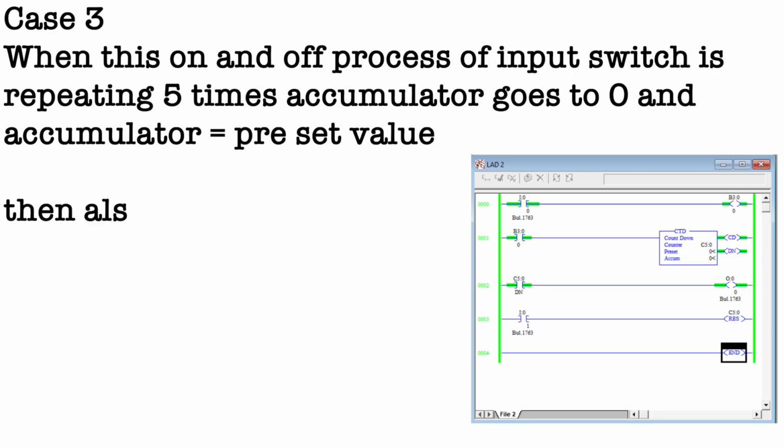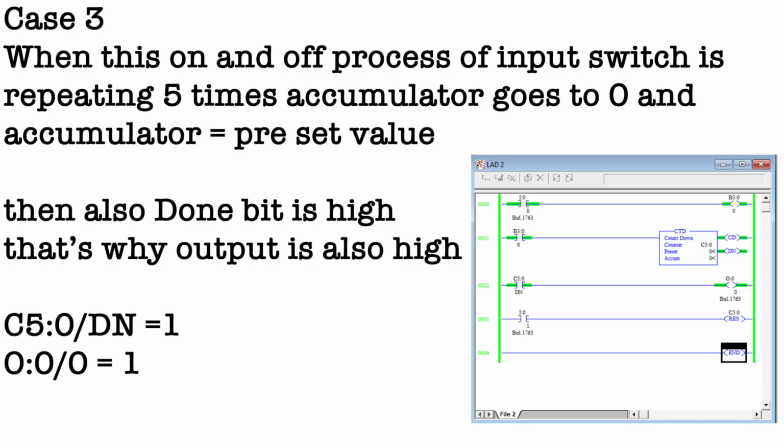Let's take the third case. When this on and off process is repeated again and again for 5 times, the accumulator value goes to 0 and the accumulator value is equal to the preset value. In this case also you can see my done bit is high, that's why my output is also high, right?